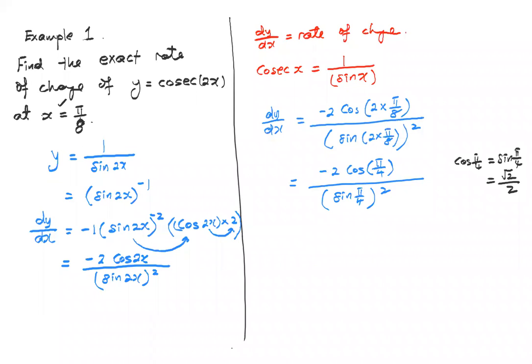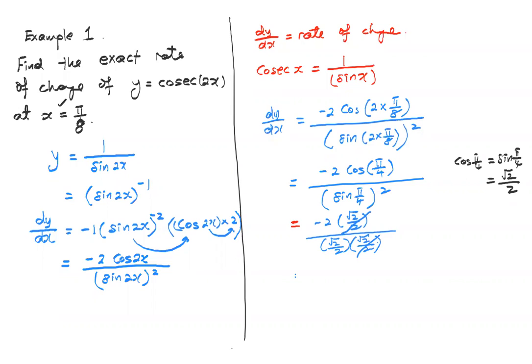Clear? So this is equal to -2 root 2 over 2 divided by root 2 over 2 times root 2 over 2. That is called square. So cancel.